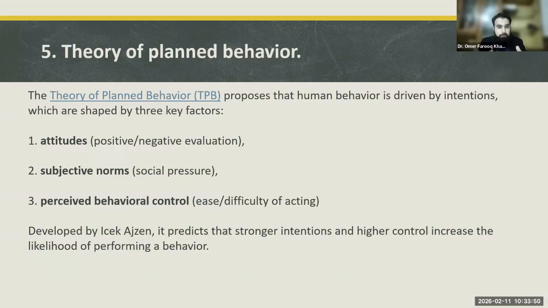You need impeccable discipline to achieve that kind of success with respect to the behavior of exercising. So, the theory of planned behavior tells how people do what they do long term. It predicts that stronger intentions and higher self control increase the likelihood of performing a behavior. That behavior can be positive, and it can be negative as well.